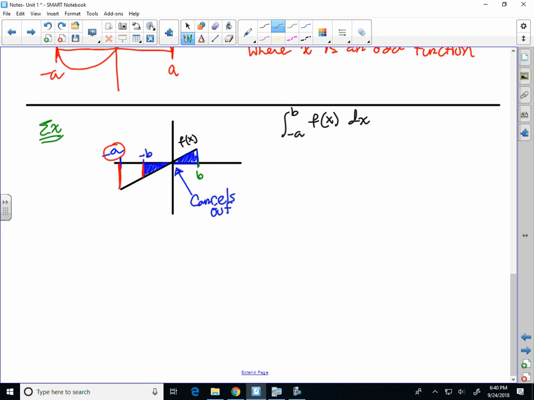But I'd be looking at an integral that gives us an equivalent integral. So we'd be looking at something like that, right?